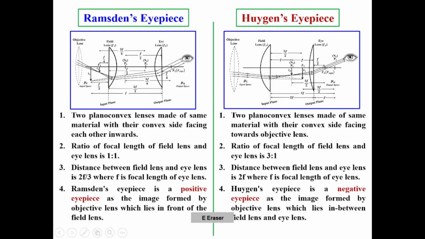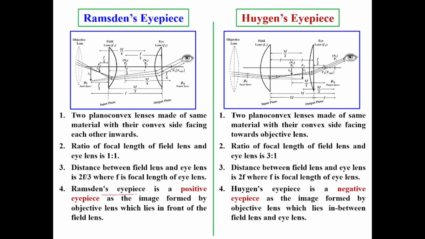This is the most important point. You have to remember this whenever you are going to solve a question based upon the Ramsden and Huygens eyepiece. The separation between the two lenses is 2f by 3 here, 2f there, and this f is nothing but the focal length of the eye lens.